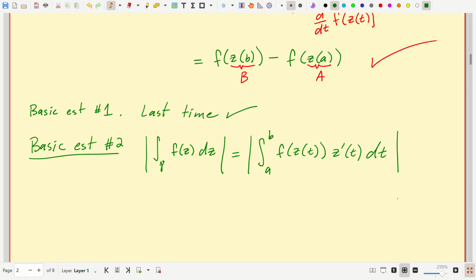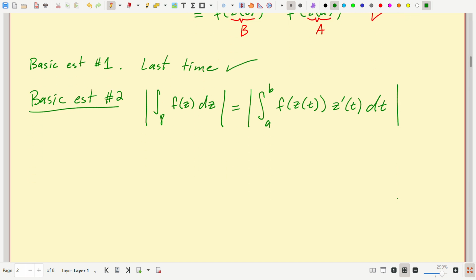And now I'm going to use basic estimate number 1. That's now reduced to the kind of integral that's the simple kind.